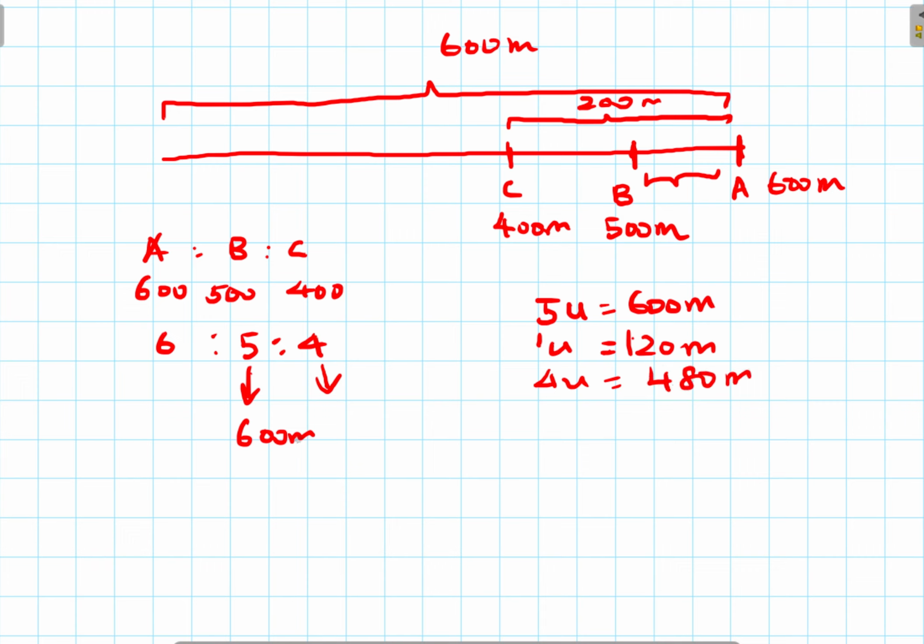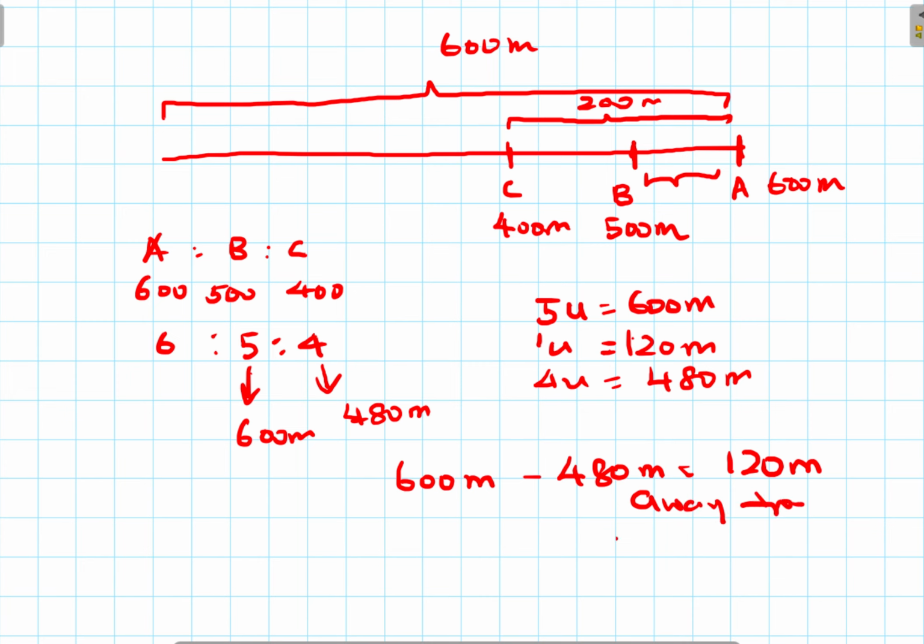So when Ben reached the final 600 meters, Chris only covered 480 meters. Okay, so how far was Chris from the finishing line? You know the finishing line is 600 meters, right? So if the finishing line is 600 meters, Chris only covered 480 meters. So he is actually 120 meters away from the finishing line. Okay.